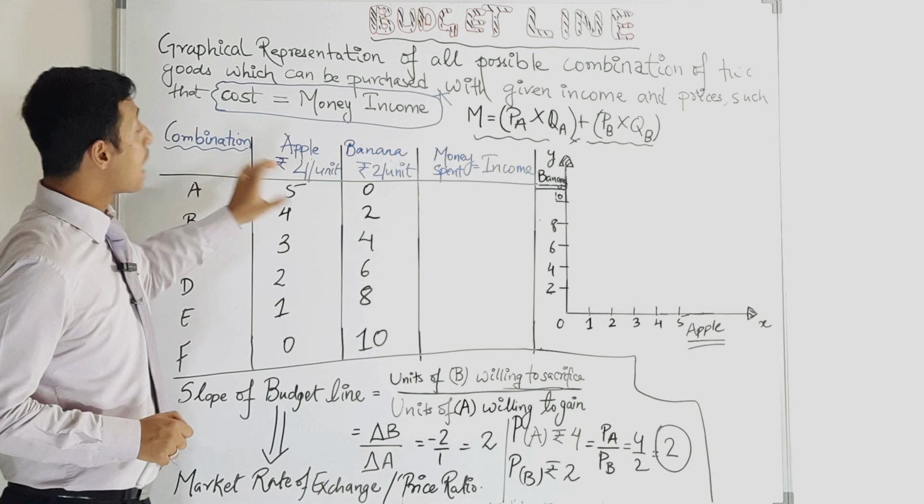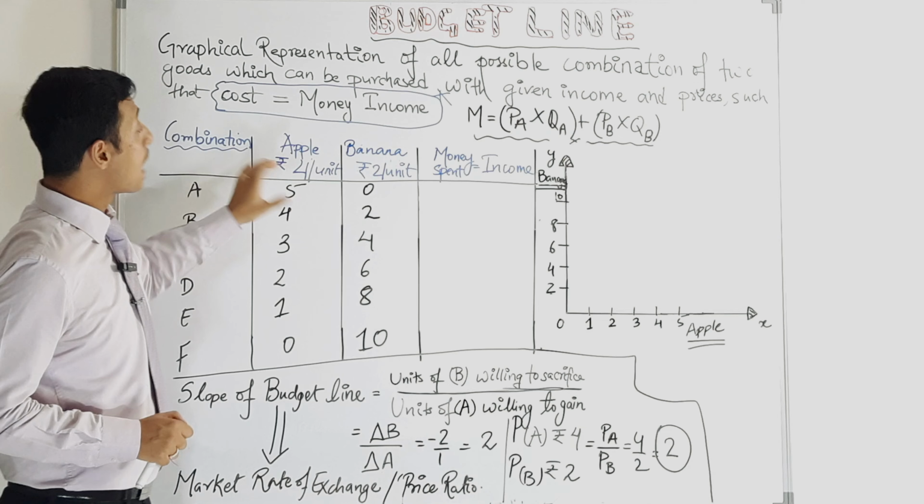I've already explained. Then, formally, a definition goes that it's a graphical representation of all possible combinations of two goods which can be purchased, right, with given income and price of the commodity.